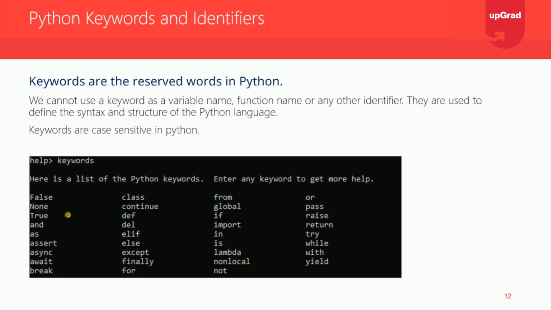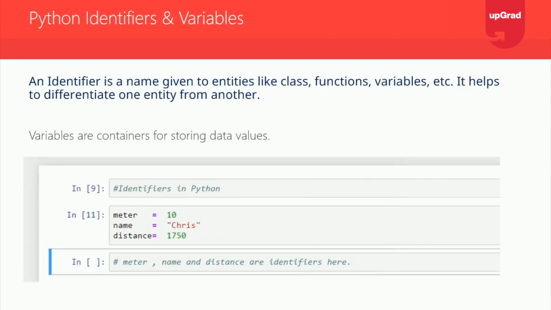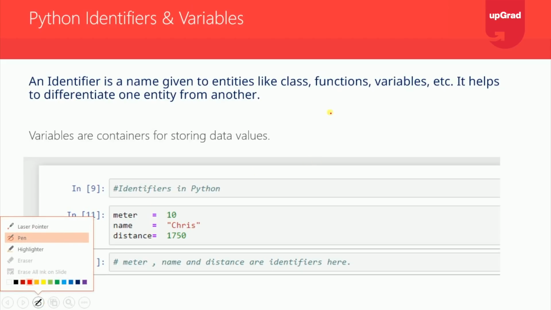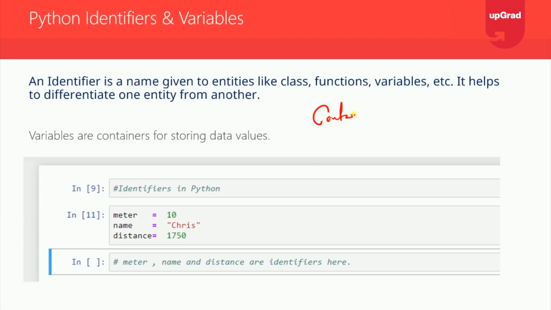So let us understand variables and identifiers in Python. Well, in order to understand identifiers and variables, let us understand variables first of all. What is a variable? A variable can be called a container which is used to store data in Python.